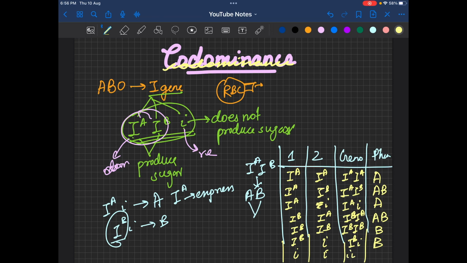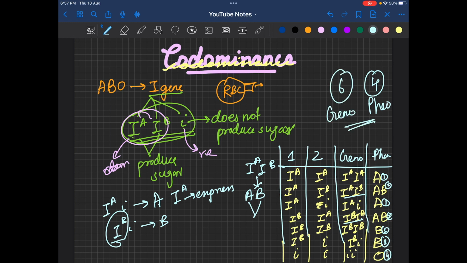Now small i small i we have O. So from here: 1, 2, 3, 4. We have 4 phenotypes and 6 genotypes, since IA IB and IB IA are the same. So we have 6 genotypes and 4 phenotypes.